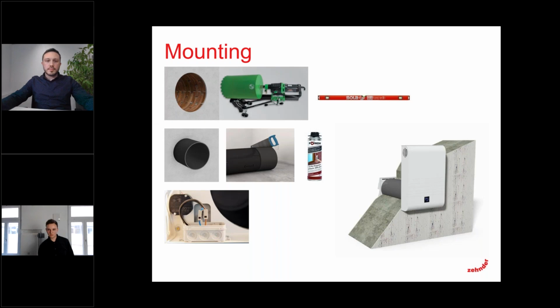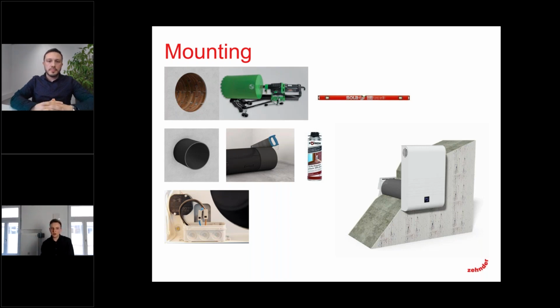So here we are again. So you have seen in the video, firstly you need to make a tapping drill hole with a horizontal axis. Then you need to shorten the pipe according to the available wall thickness in such a way that it is even with the plaster of the internal wall and with the wall surface of the facade.